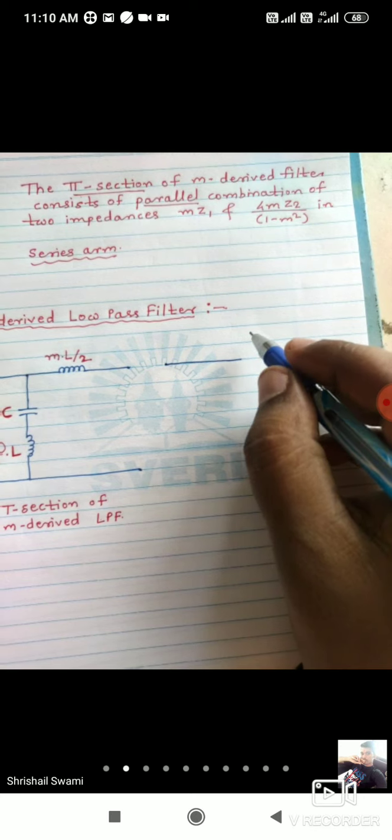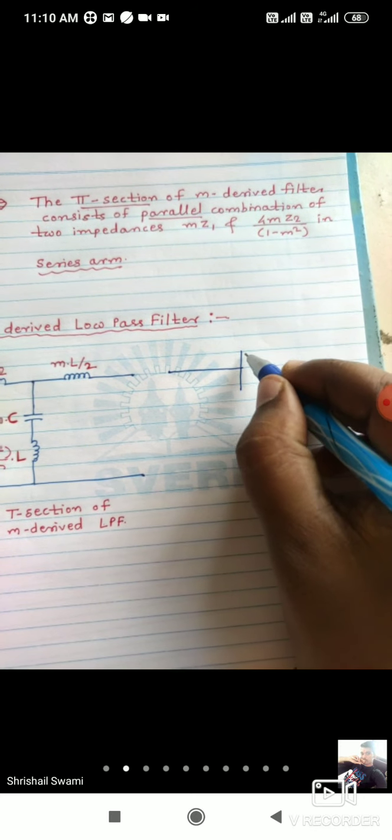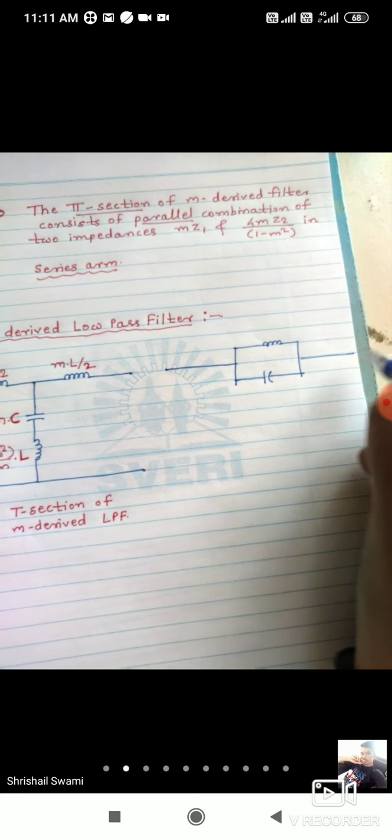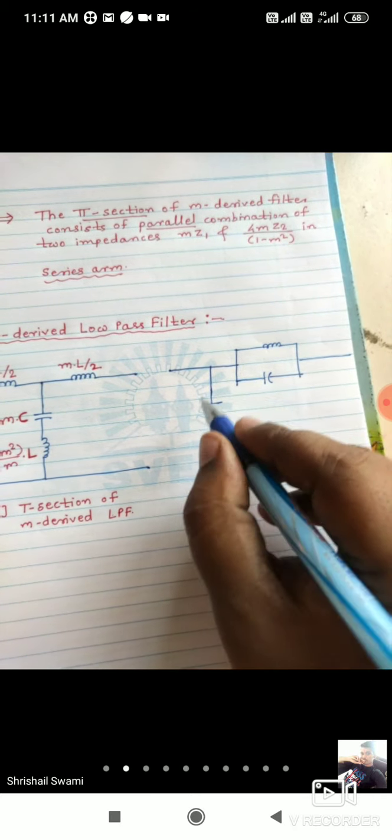Now similarly I will draw the pi section here. The pi section consists of a parallel combination in the series arm, obviously one inductor and one capacitor in parallel combination. The shunt arm consists of a capacitor, because in a low pass filter the pi section has a capacitor.